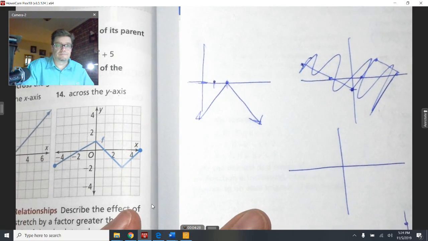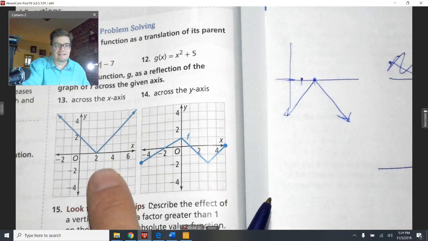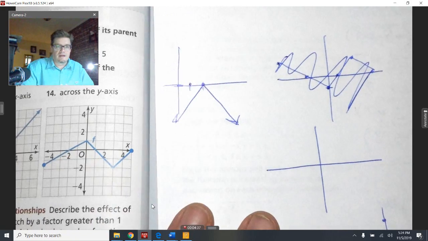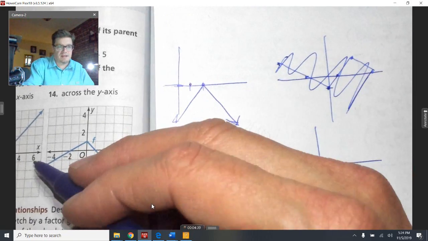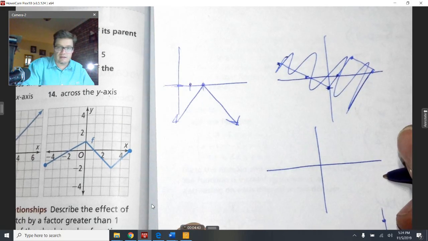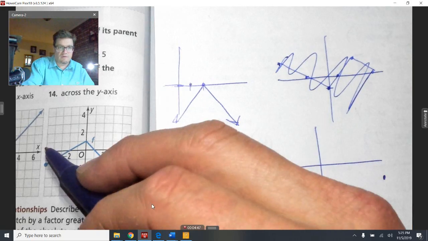Let's try that again. Because it says right here, across the y-axis, not the x-axis. That's this one. Okay? Y-axis means that this guy over here is now over here. So I'm going to draw it here. This guy that's here now goes over to there.